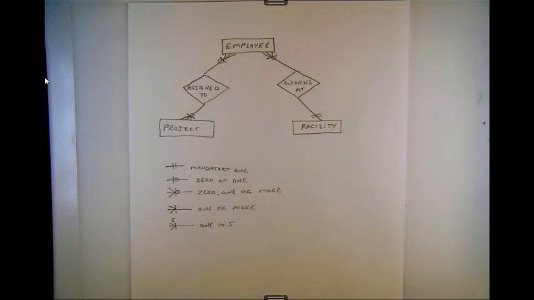Okay, so what's this one over here? Tell me what that one is. An employee works at how many facilities? One and only one, it's got the double line. So it's a mandatory one.